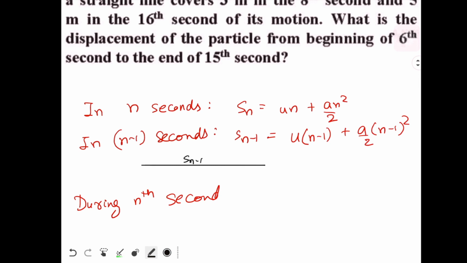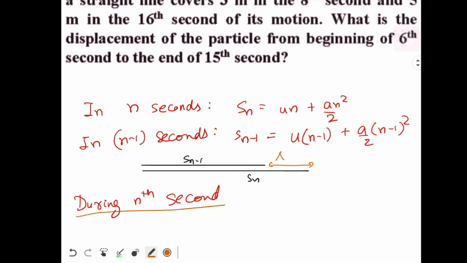So this is Sn minus 1. And in n seconds you cover Sn. So this is the distance traveled during n seconds, and this is the distance traveled during n minus 1 seconds. So it took n minus 1 seconds and this took n seconds. Then this is your displacement during the nth second.